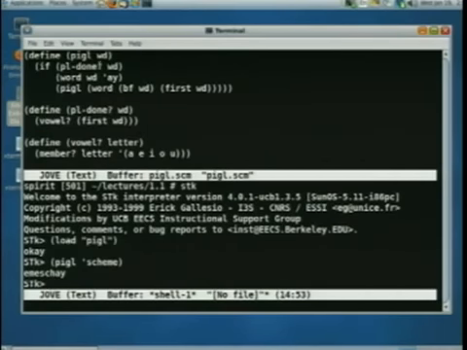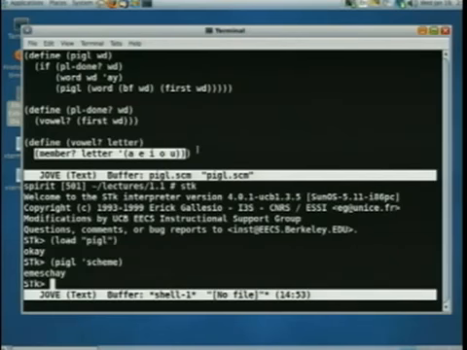But for purposes of teaching you how this works, we have a predicate function called PL done that takes a word, and it asks the question, is the first letter of this word a vowel? Right, we take first of word, and then we ask vowel, true or false. How does vowel work? That's not built in. But member question mark is built in. So we're saying, is this letter a member of A-E-I-O-U?